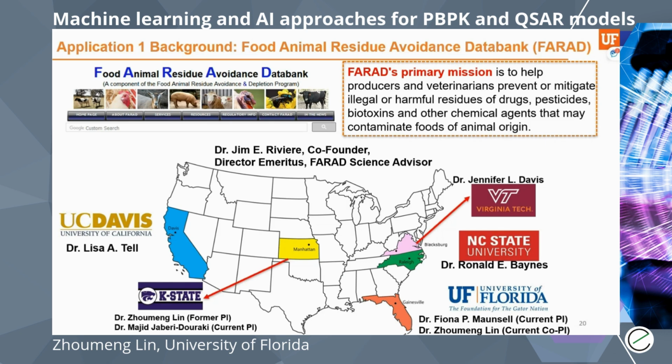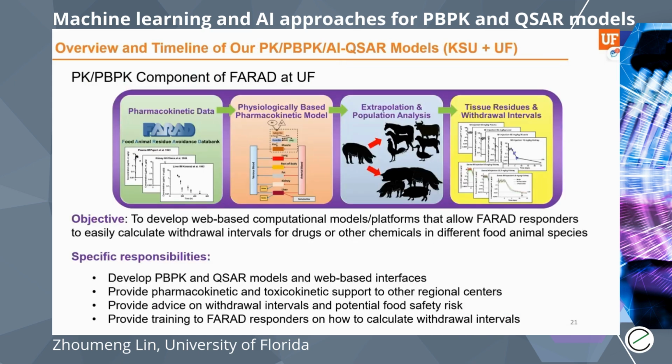Currently, there are 5 regional centers, and I have been working in this program for more than 10 years. I was the PI at the Midwest Regional Center at Kansas State University, and now I'm the co-PI at the University of Florida. Different regional centers have different responsibilities, but we work together collaboratively.